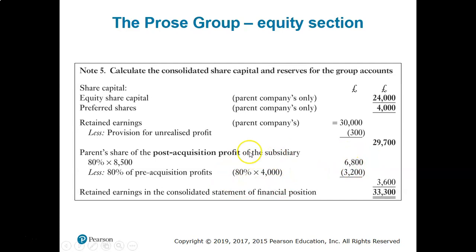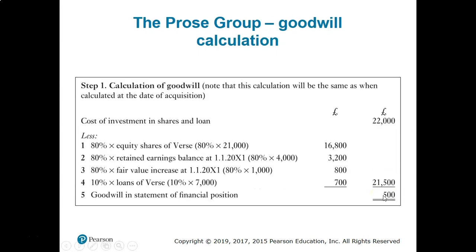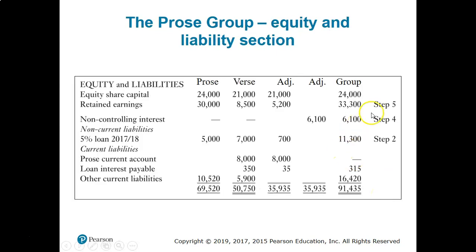But already we recognized 3,200 on the first day of the accounting period, so we have to deduct this one. This is already recognized as the parent figure. So the remaining 3,600 now we need to add to the retained earnings of the parent, right? So this is the retained earnings balance of 33,300 of the parent.